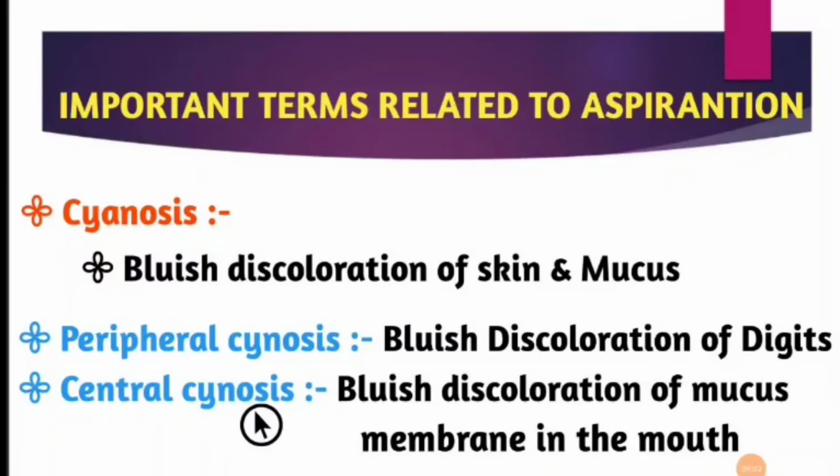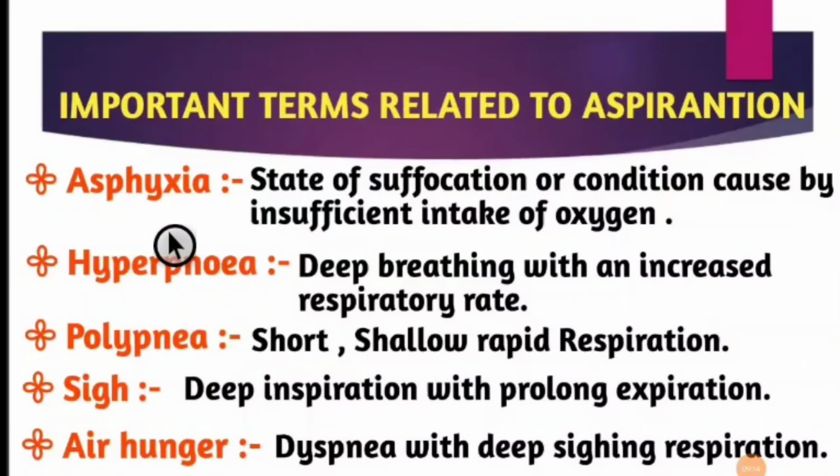Peripheral cyanosis means a bluish discoloration of the digits. Central cyanosis means a bluish discoloration of the mucous membrane in the mouth. Asphyxia means state of suffocation or the condition caused by insufficient intake of oxygen.